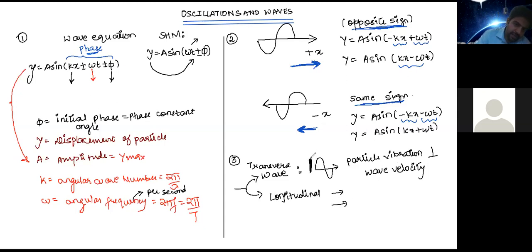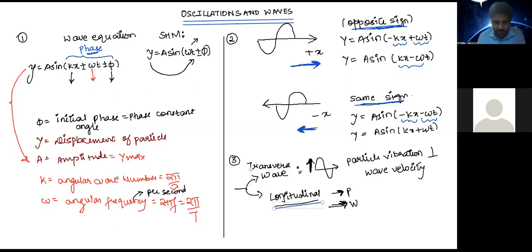Here, in a transverse wave, the particle was oscillating perpendicular to the direction of travel of the wave, whereas here the particle and the wave both are oscillating in the same direction. Such a wave is called a longitudinal wave.